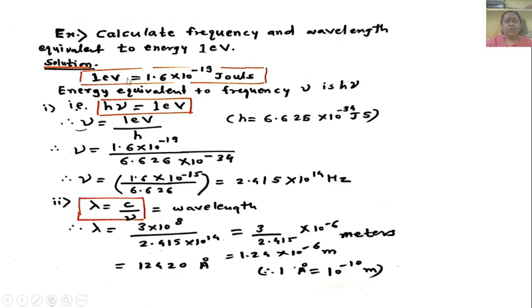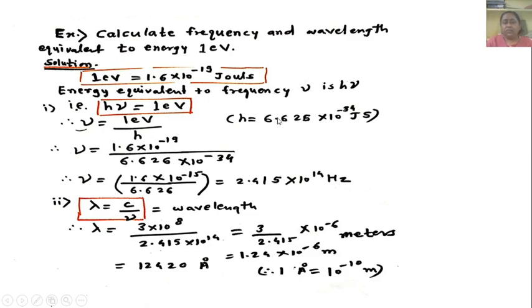So 1 electron volt = 1.6 × 10^-19 joule. Using this value, energy equivalent to frequency ν is hν. So we know that hν = 1 electron volt. So from this ν = 1 electron volt upon h.